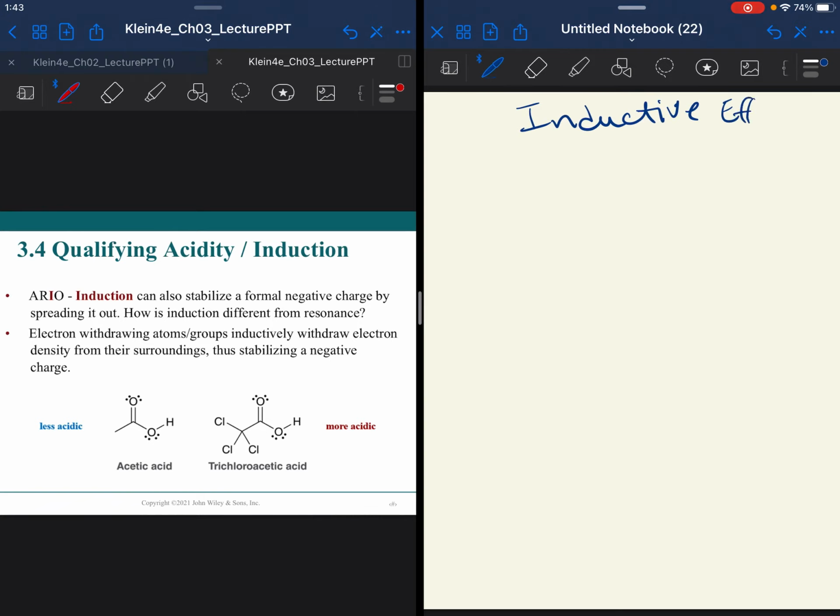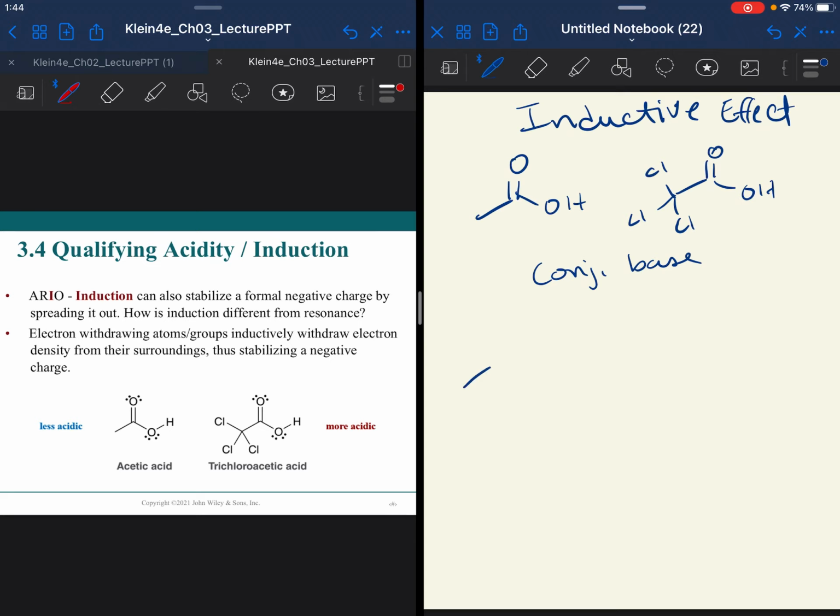So if atom and resonance fail you, so for instance, if we compare acetic acid with trichloroacetic acid, we're going to find that atom and resonance don't help us here.